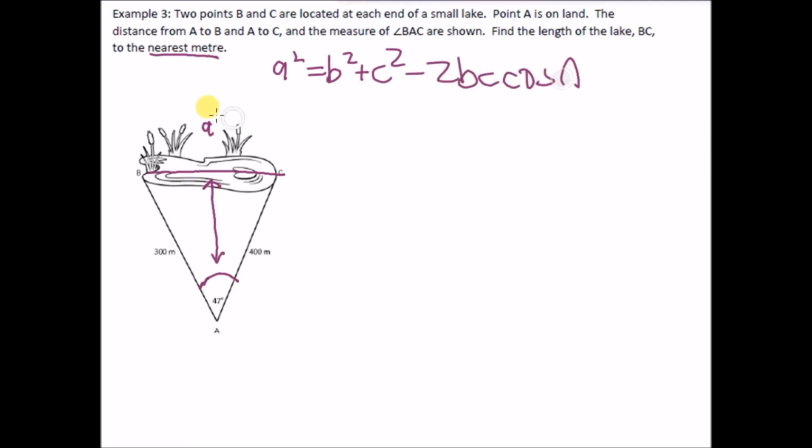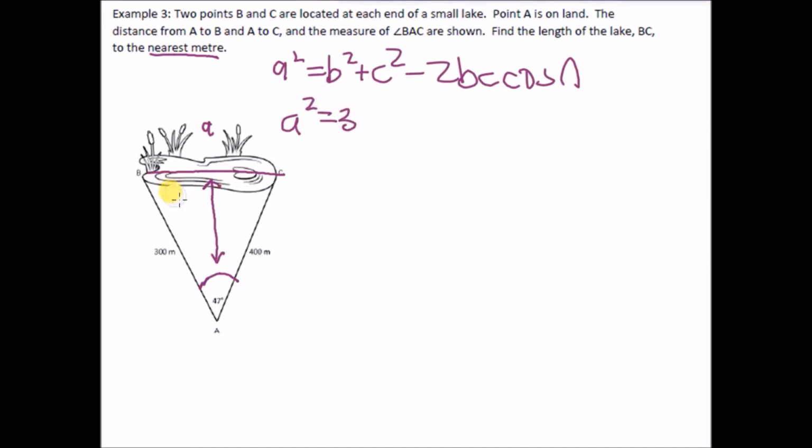Okay, so this is beautiful because we have angle A and we're trying to find side A. So we can simply go A squared equals B squared plus C squared minus 2BC cos A. And now we can just sub in.